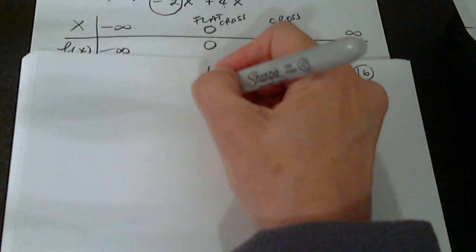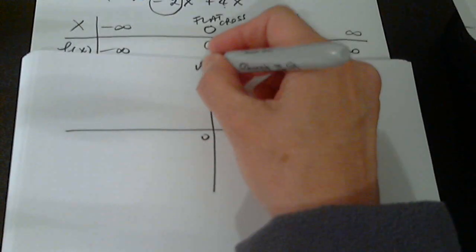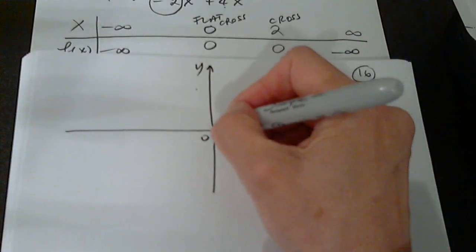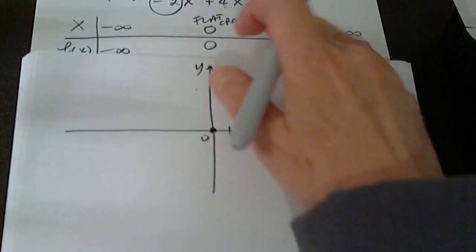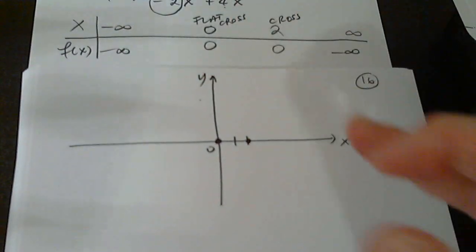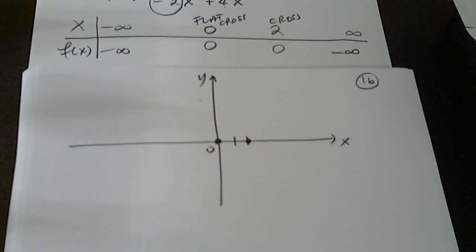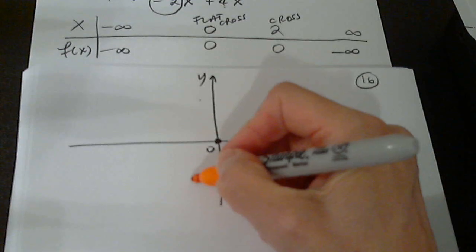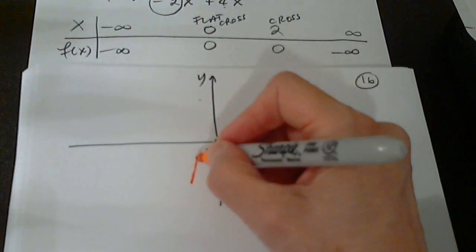So 0, 0, and 2, 0. Maximum 3 turns. It's coming from -infinity. Let me use a different color here. It's coming from -infinity to a flat cross. Not like this.